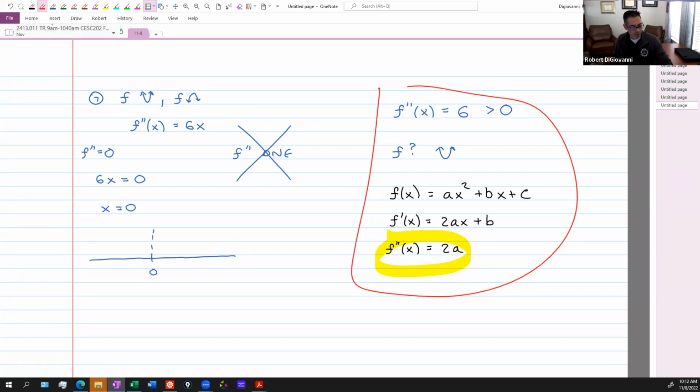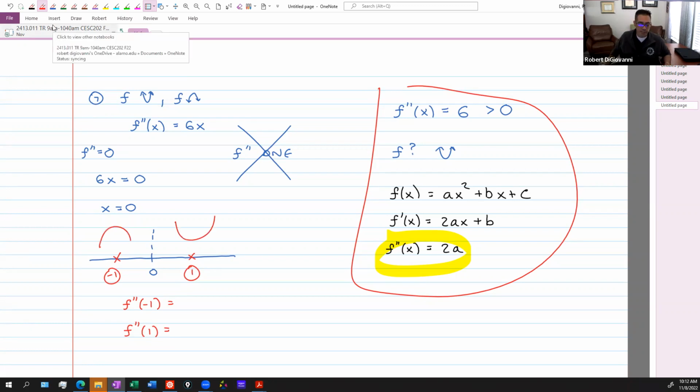I pick 2 test points, -1 and +1, and I plug those test points into the second derivative. If you plug -1 into the second derivative, you get -6, which means my original function is concave down.